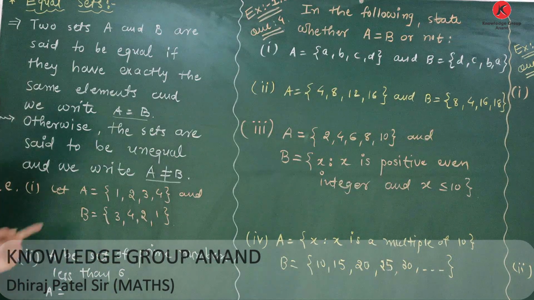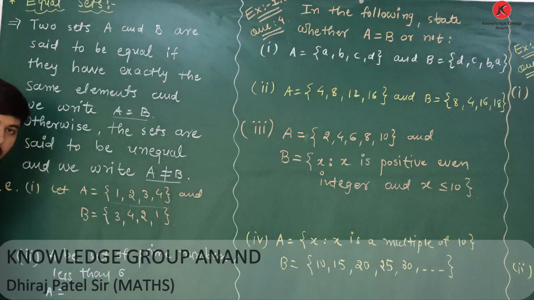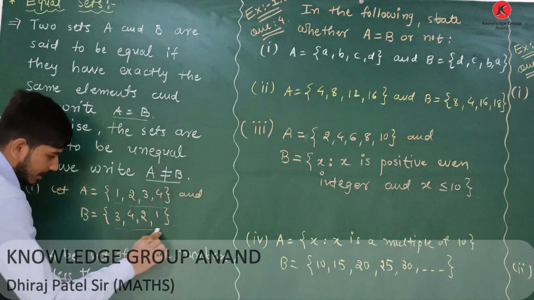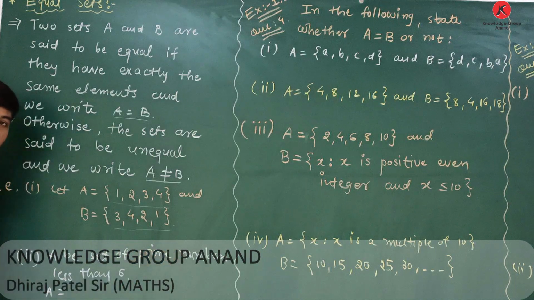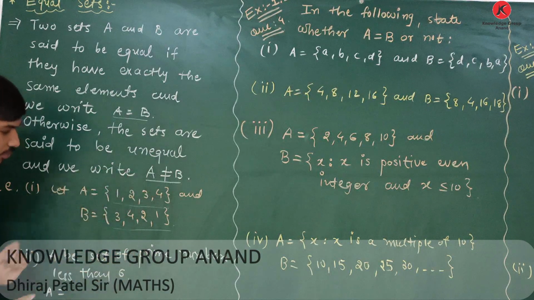Now see here, all the elements in set A and all the elements in set B are equal. See here, 1 and 1, 2 and 2, 3 and 3, and 4 and 4.